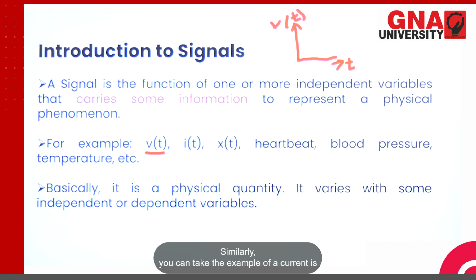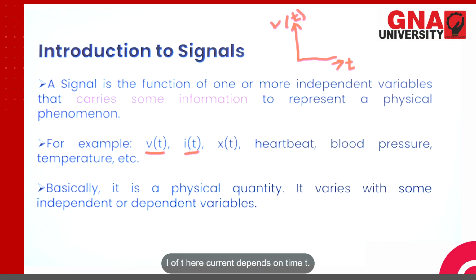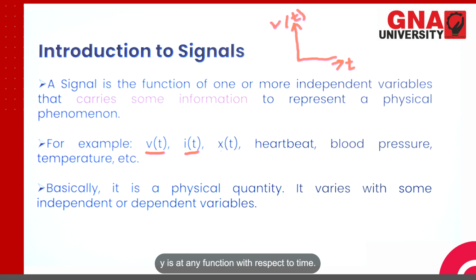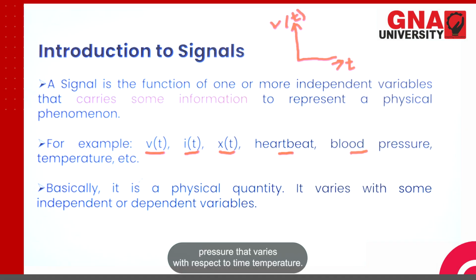Similarly, you can take the example of a current, that is I of t. Here current depends on time t. Another example of a signal is x of t. Here you can take any function, x, y, z, with respect to time. In the medical field, heartbeat, blood pressure and temperature vary with respect to time.